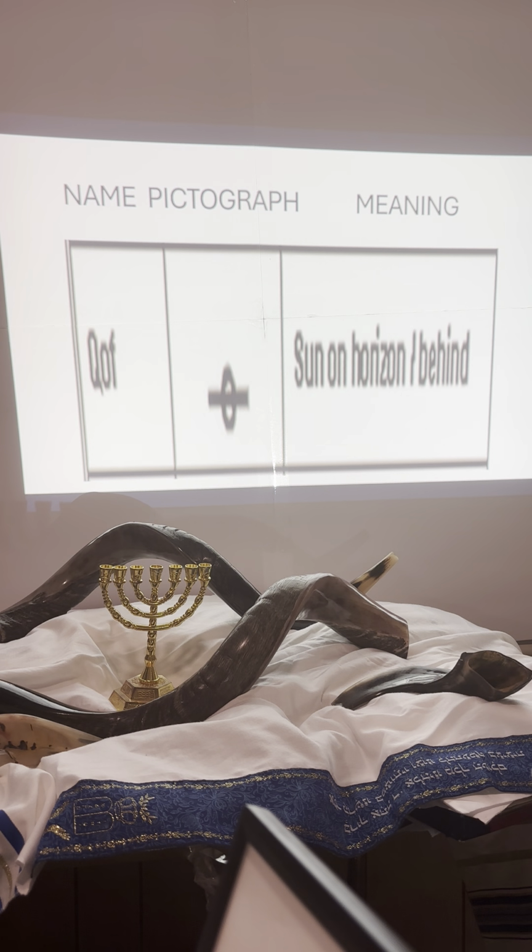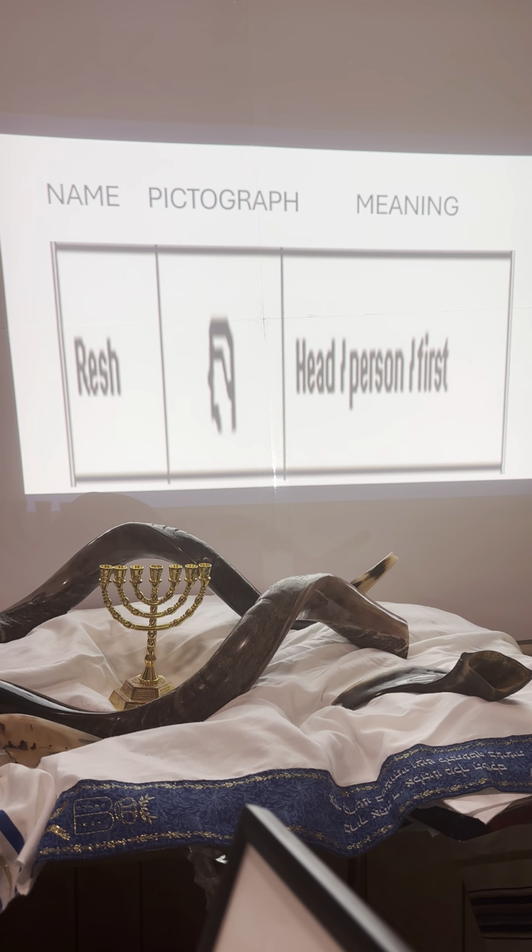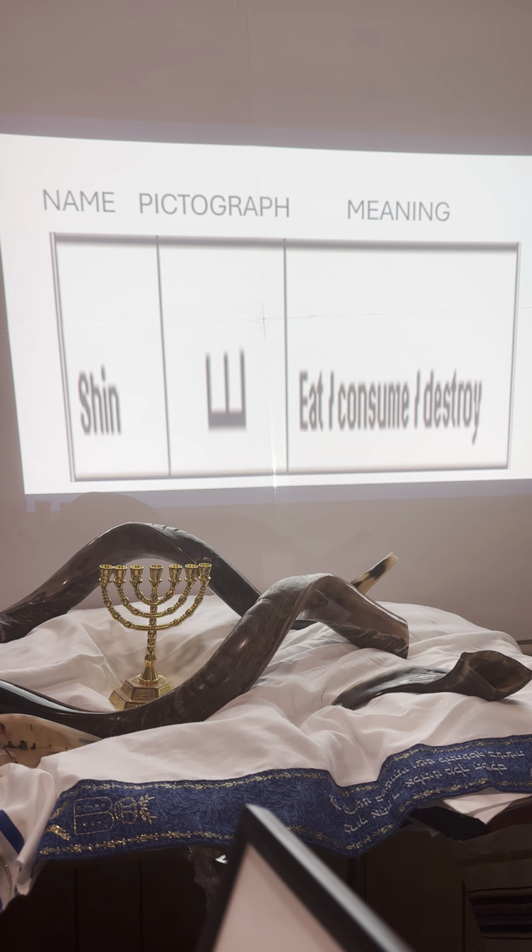And they have Qof, sun on the horizon or behind. The meaning of that, Qof. Resh, the top is the head, and the person is the first. Then we have Shin, and Shin is to eat, to consume, or to destroy. That's the meaning of it.